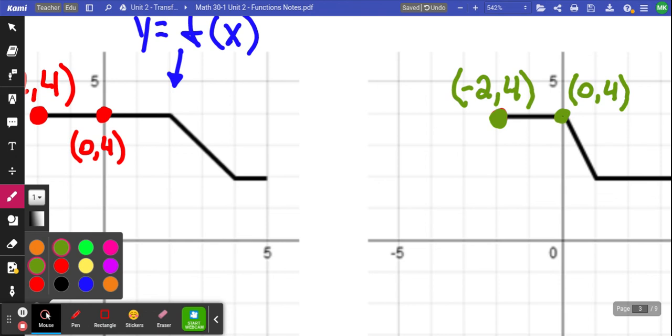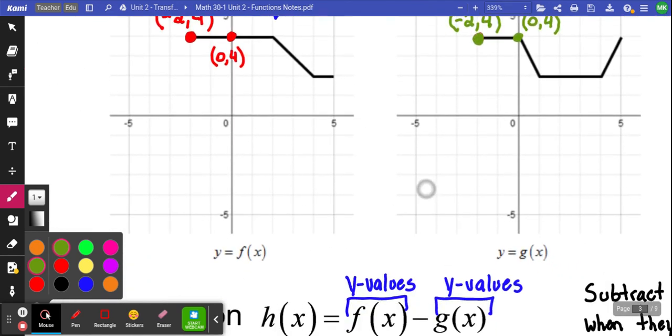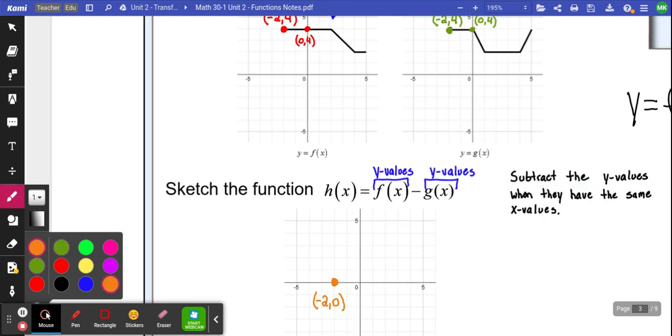I think it's frozen. Yeah, it's definitely frozen. Zero, comma 4, 0, comma 4. Subtract the y values. My new point would still be at 0, and then comma 4 minus 4, which should be 0, comma 0.